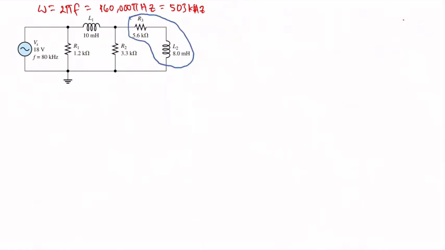These two are in series, and we are going to solve for the equivalent admittance Y1, but in order to do that, we also need the equivalent impedance, which is Z1. So Y1 is just equal to 1 over Z1. So first, let's combine R3 and L2.